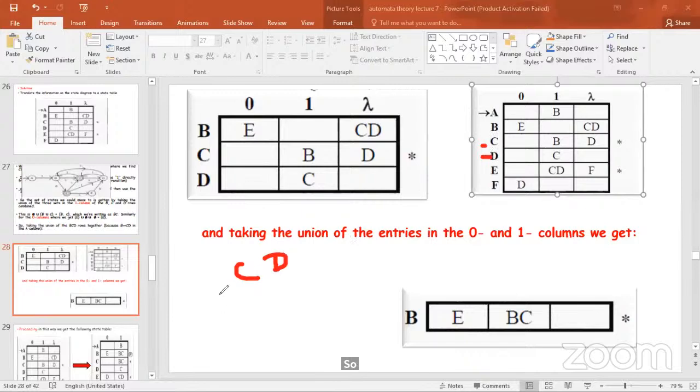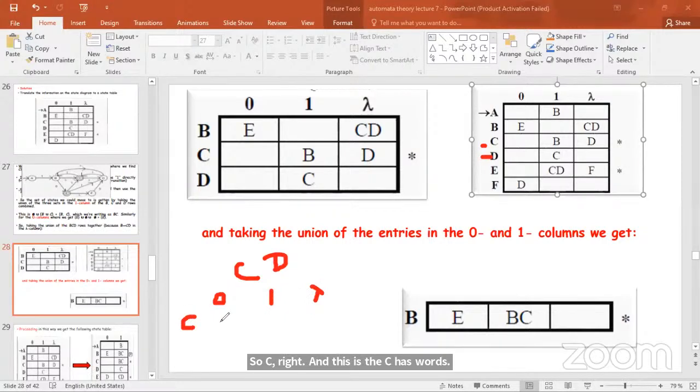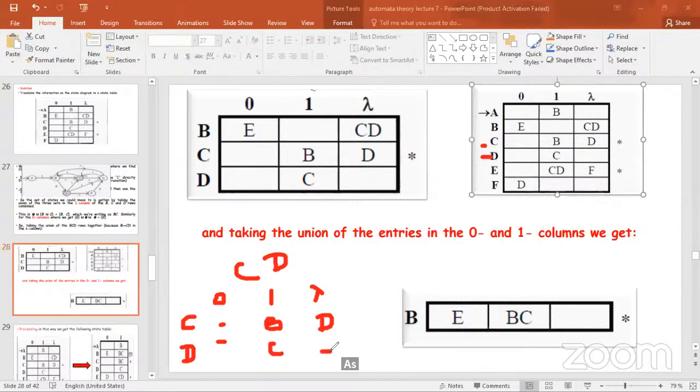C has what? Under 0, and under 1, under lambda. So C has nothing under 0. Then under 1, it has B, right? And under lambda, it has D. Then D has nothing under 0, has C under 1, and has nothing under lambda.